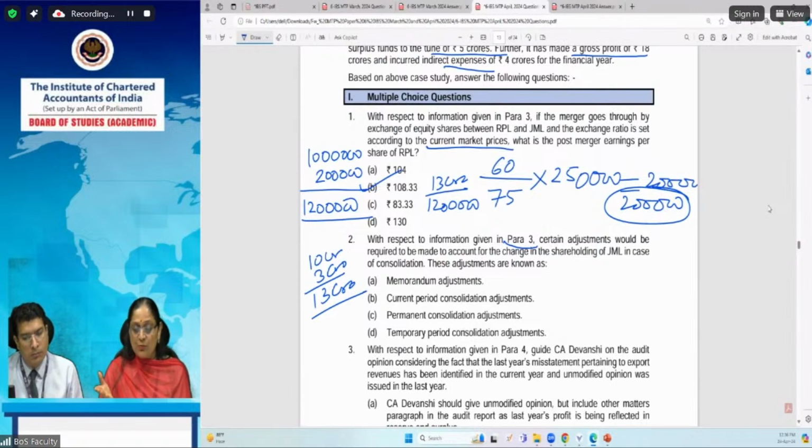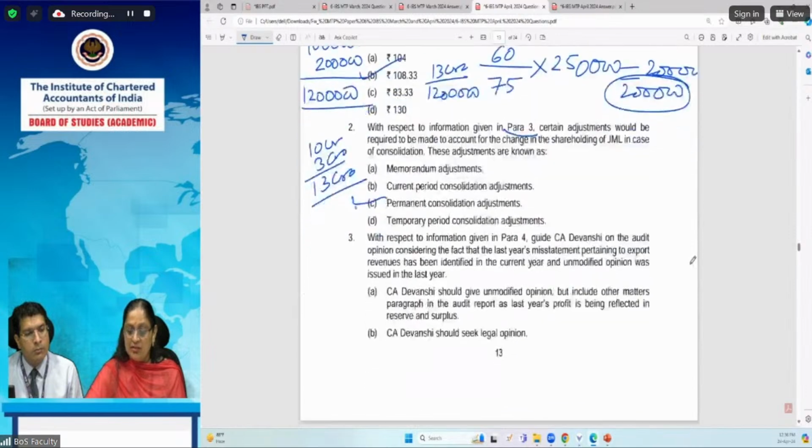Because it is a change in shareholding, it will be considered permanent only. Every time there is a change in shareholding pattern, it will be considered a permanent consolidation adjustment only. It will never be part of current period consolidation, because shareholding will be considered a permanent part only, right?